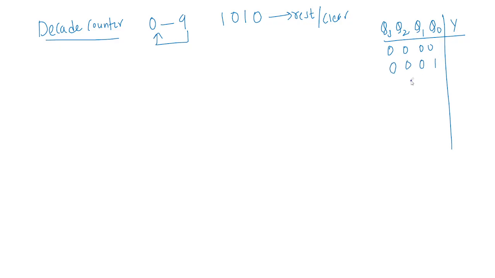Till here, up to 1001, the output will be 1 only, no? Okay, from 1010 to 1111, the output becomes 0.